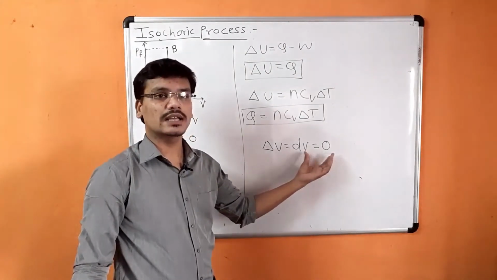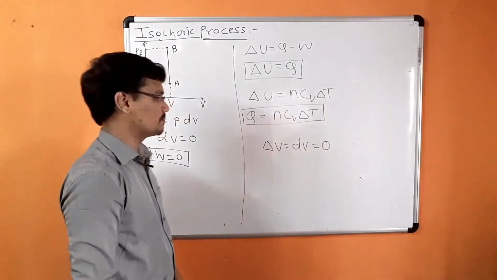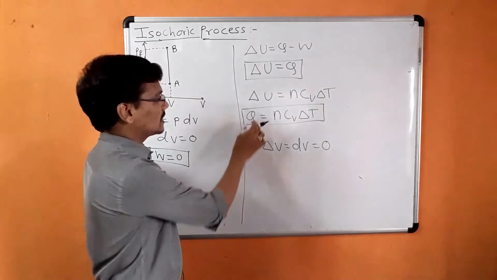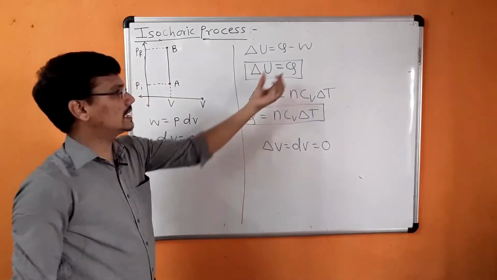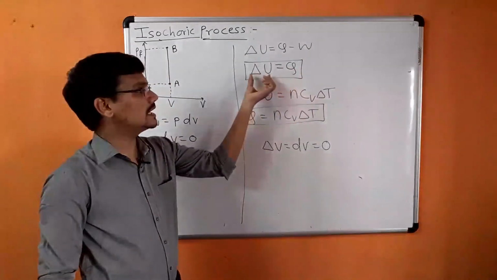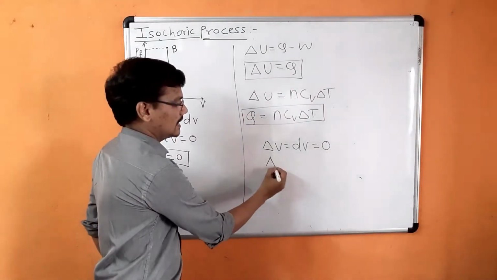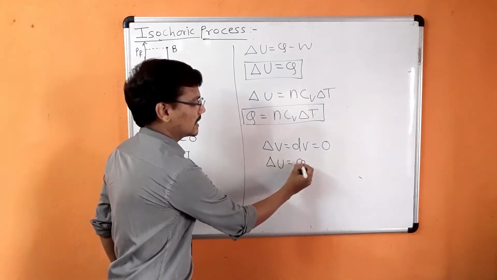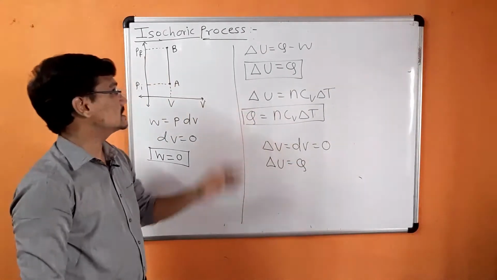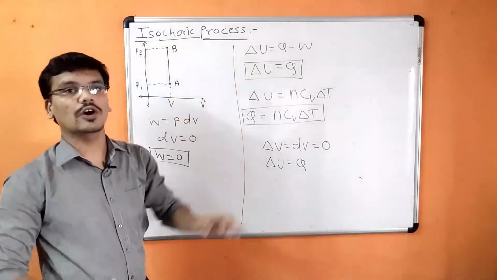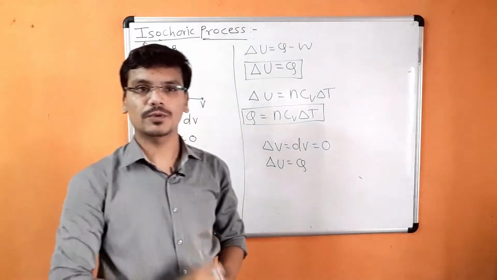Volume is constant, therefore change in volume is 0. The total heat is converted into the internal energy. This is the isochoric process or constant volume process.